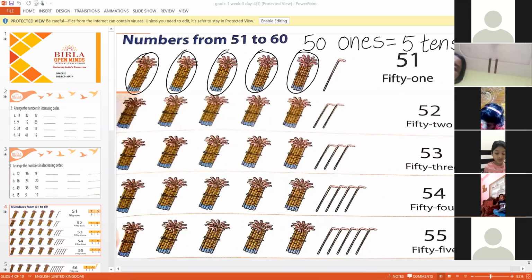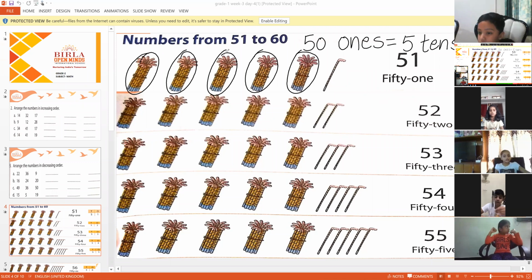And in each group there are 10 ones or 10 sticks. Okay, children.